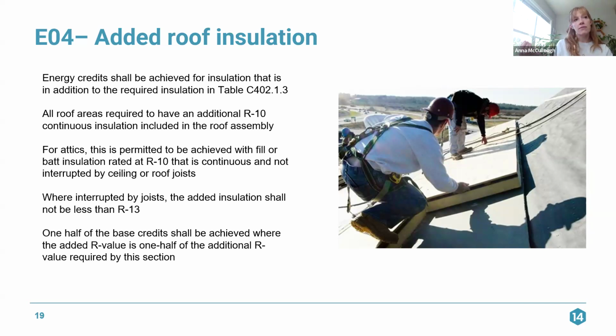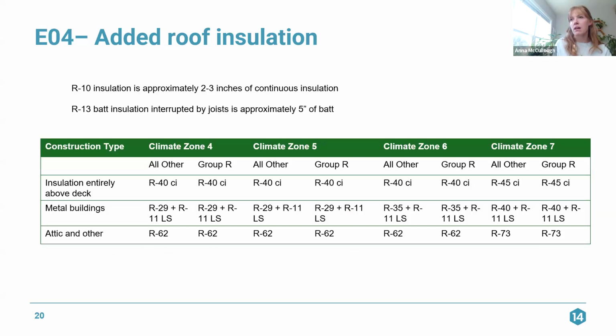If you only have insulation that is interrupted by roof joists, you have to provide R13. If you only provide R5 or R6.5 in joist, you achieve half of the number of credits that are available in this section.